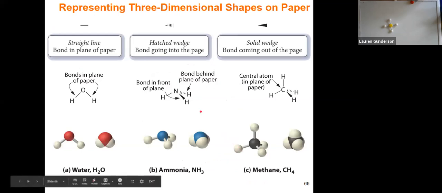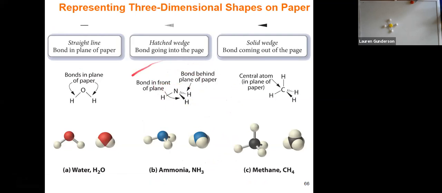Okay, so focus here on the NH3 that they drew over here and the CH4 that they drew over here, because I'll show you these both in 3D space. In the nitrogen, only one of the hydrogens could be in one plane.